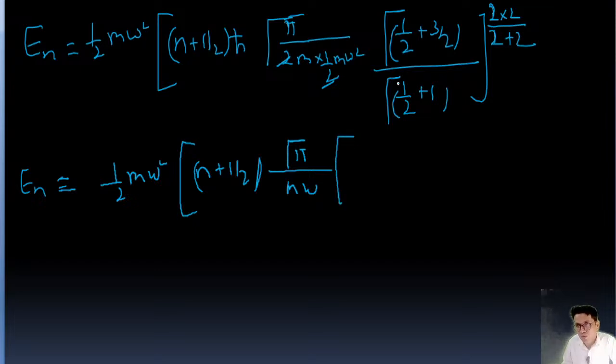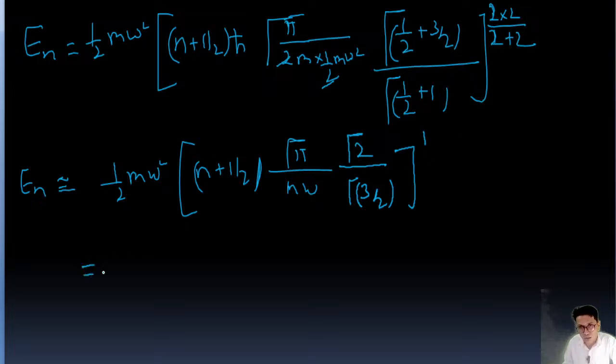Okay, and this 4 by 4 means gamma 2 upon this value, gamma 3 by 2, right? And this is power 1 because 2 to the 4 upon 4. This is 1. So this is going to be half m omega square and n plus half h cut, right?